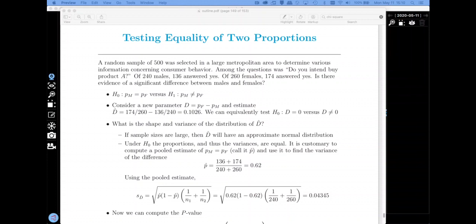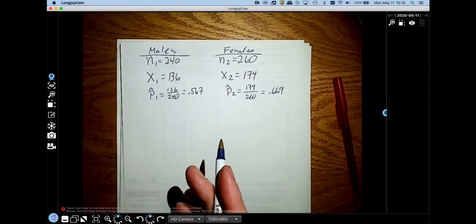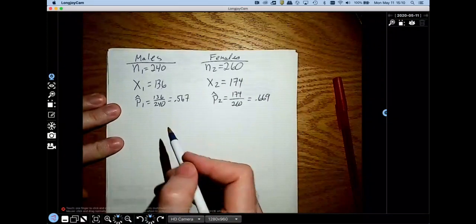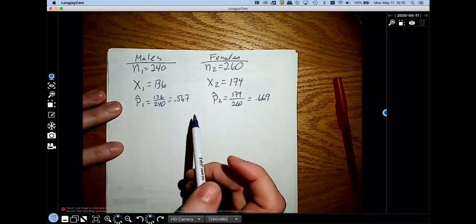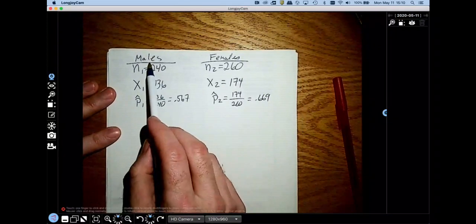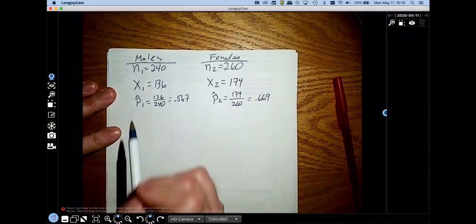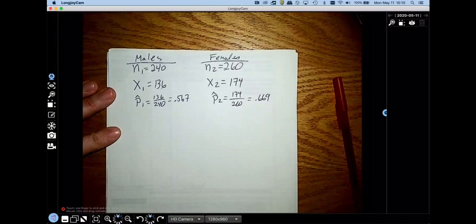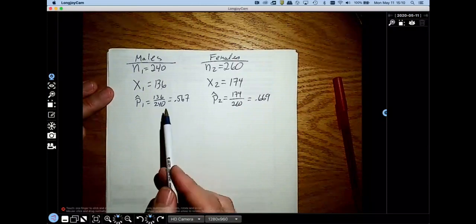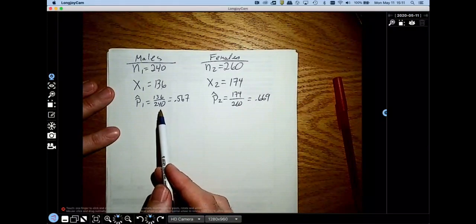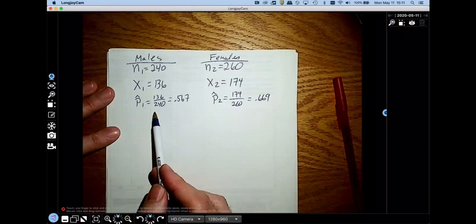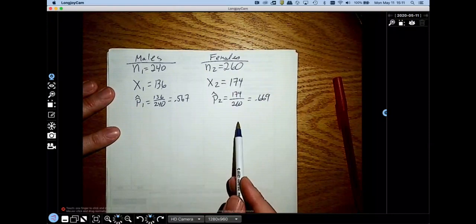I went over to the piece of paper here and just summarized what we have. I put the males in one column, females in the other. The way to think about this is I have two different binomial experiments. It's like I've got the male coin and I've got the female coin.